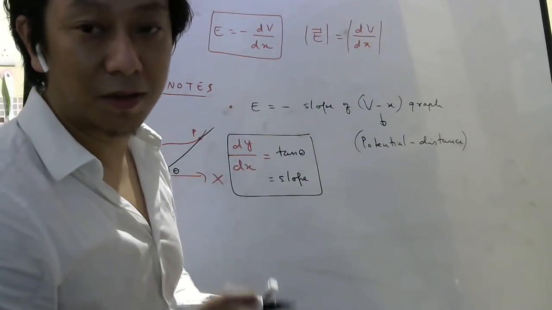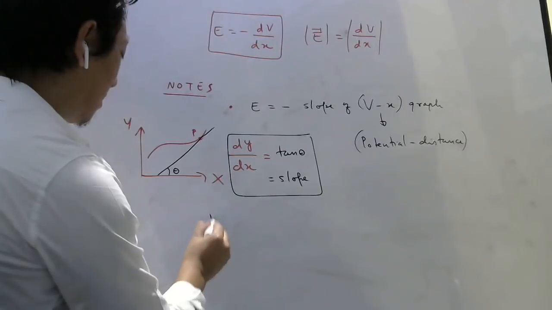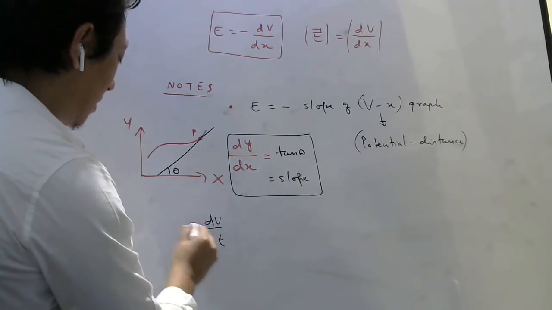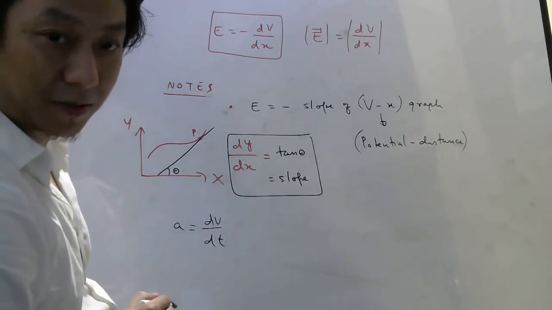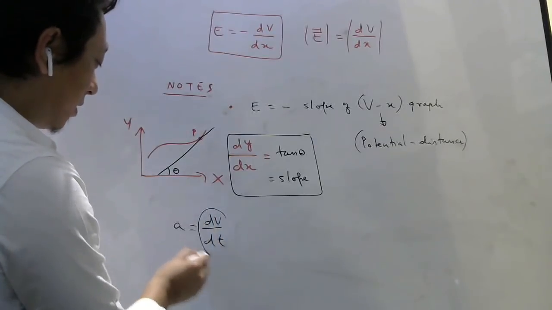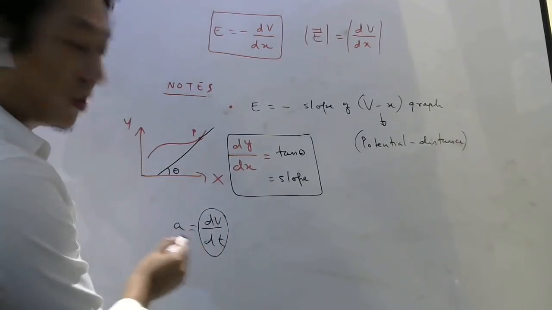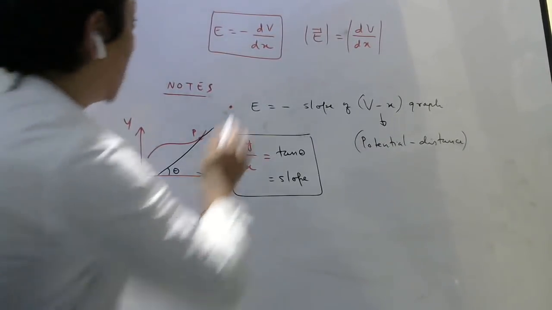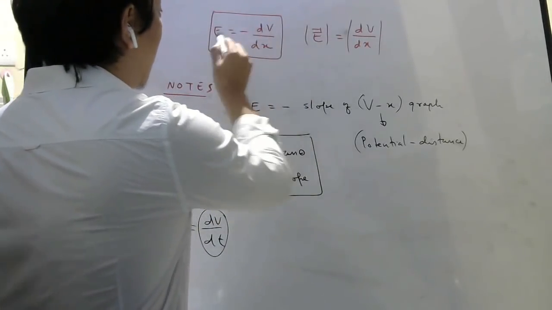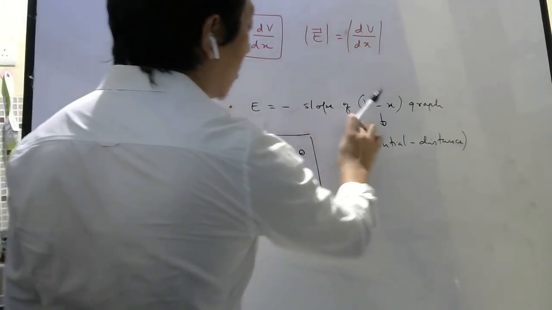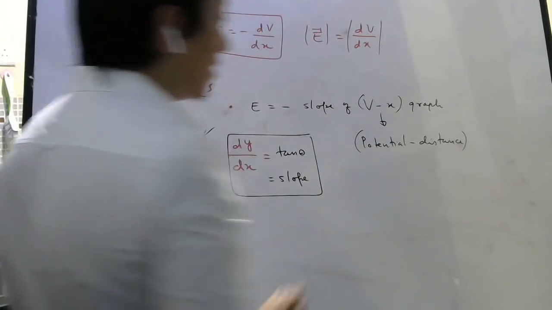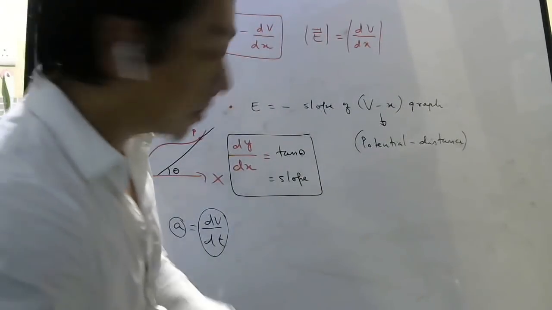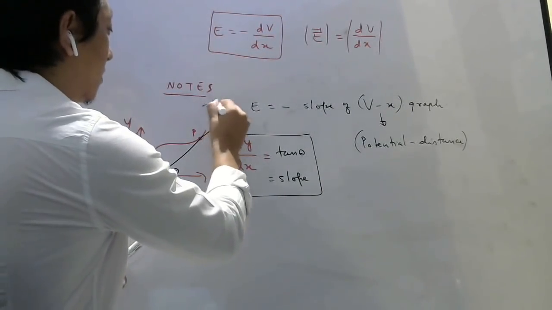And if you remember, the slope of the velocity time graph, dv by dt, was what? Acceleration. Slope of the velocity time graph is dv by dt, which is nothing but acceleration. Similarly, this is your slope. So electric field is negative of the slope of the potential versus distance graph. All this is again for your entrance.